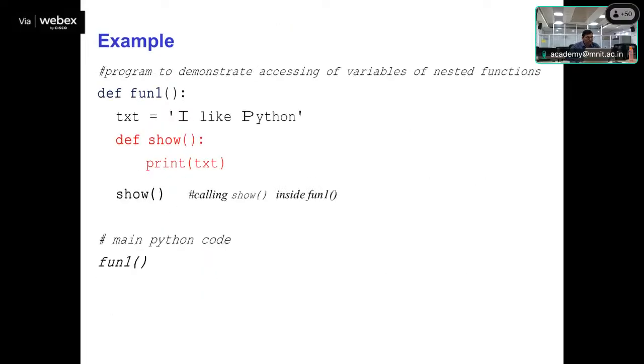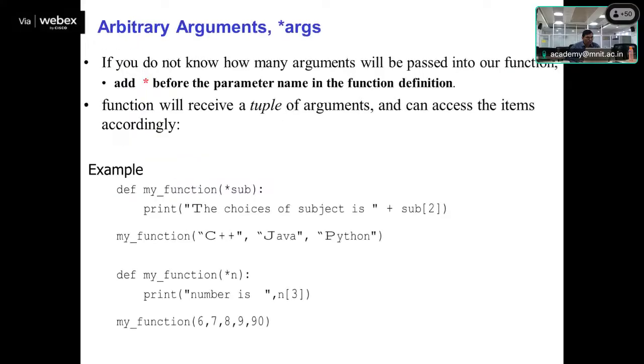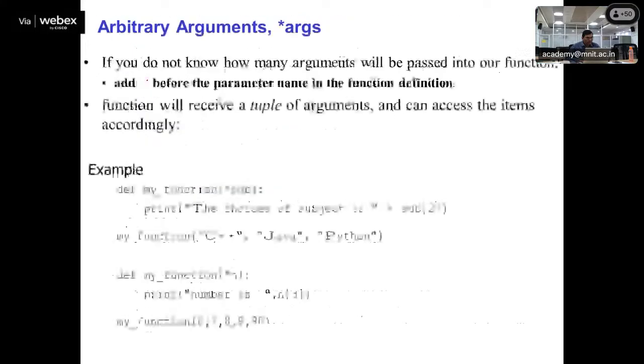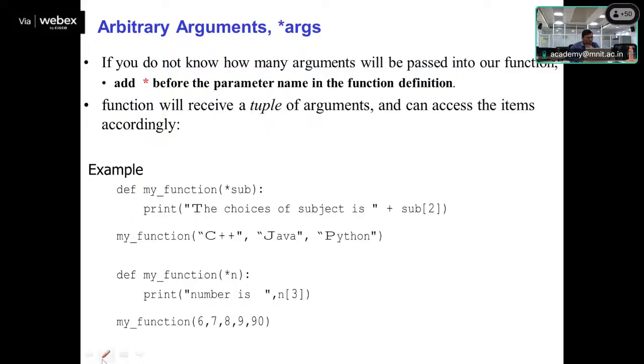Okay. So we can take another important function, which is going to take arguments. But sometimes we do not know how many arguments can be given. So we can give arbitrary arguments by using the star argument parameter, where we are required to add star before any parameter we give in the function definition.